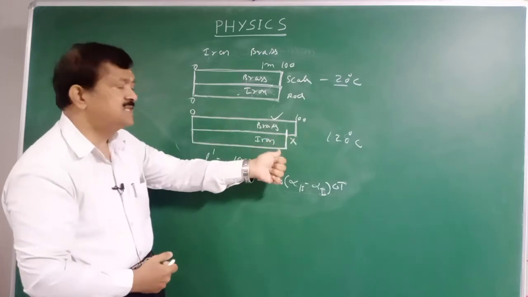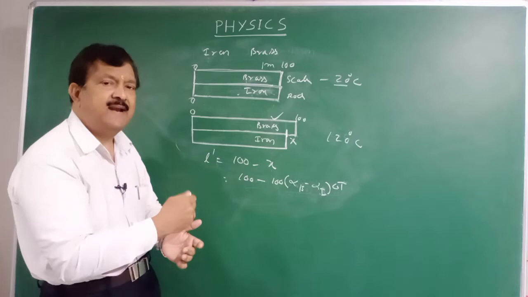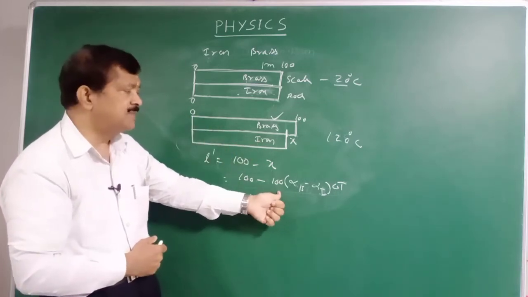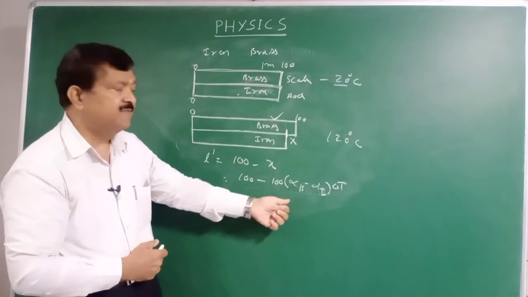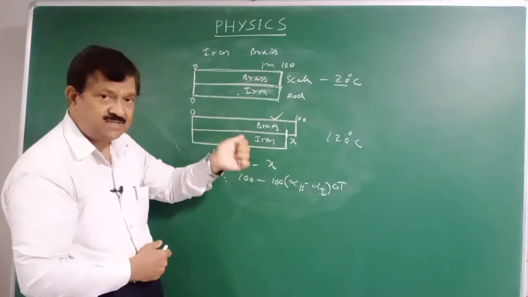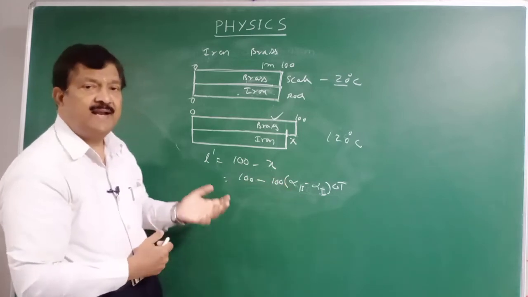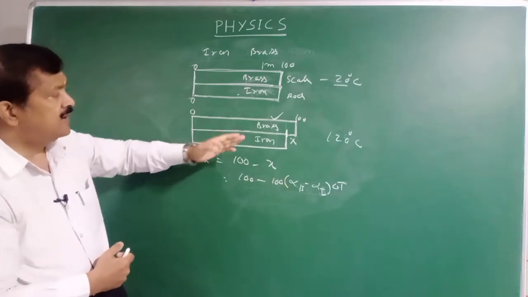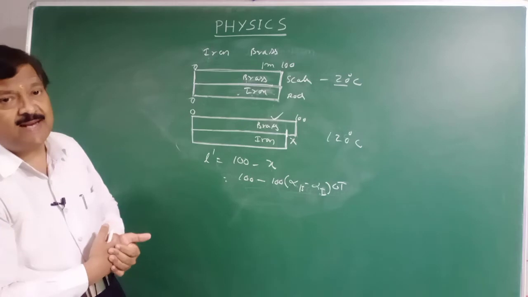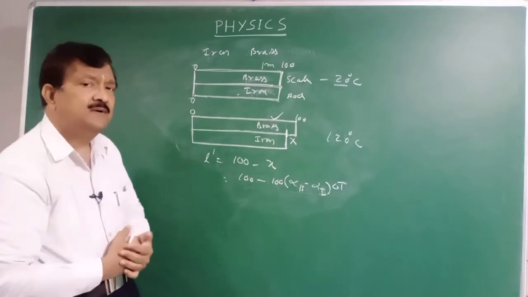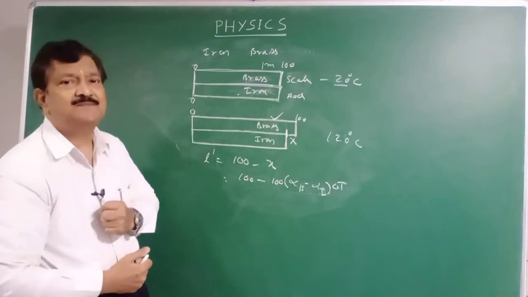So the length of this iron rod will be something less than 100 centimeter. So 100 minus x. This x is nothing but the differential expansion between the two materials corresponding to the same initial length. Then you will get the final length of this iron rod as measured by the brass scale. So this is very clearly a better application of what is known as differential expansion.